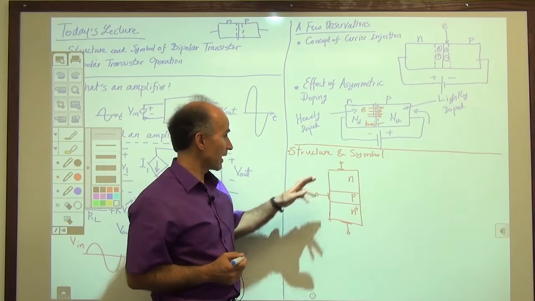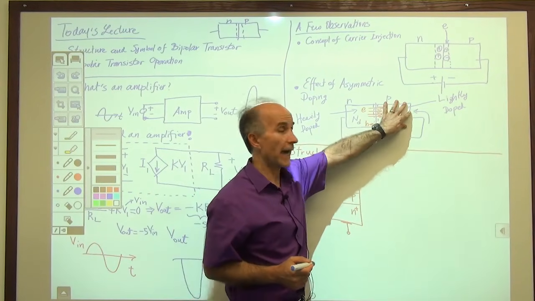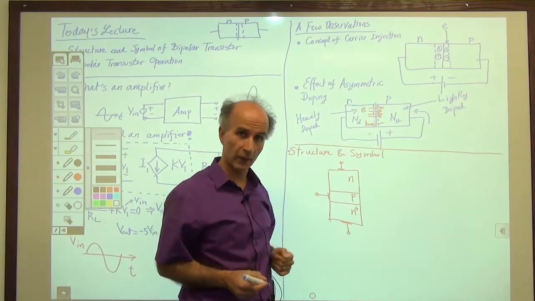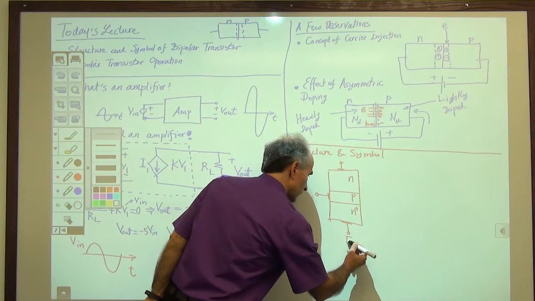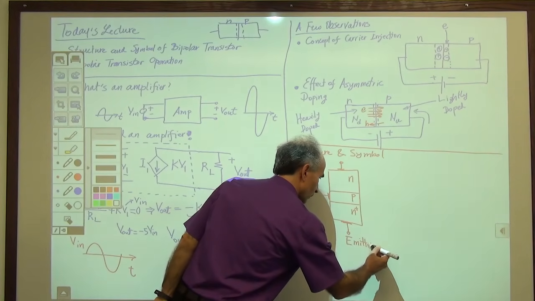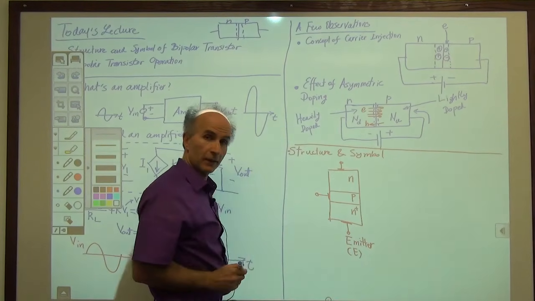All right, we also have to give names to these terminals. Remember that for the diode we said this is the anode and this is the cathode. Well, here it's different. We don't call it those anymore. So we call the bottom terminal the emitter, or E as an abbreviation.